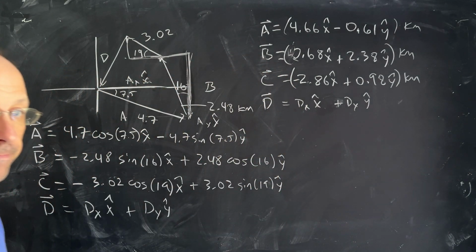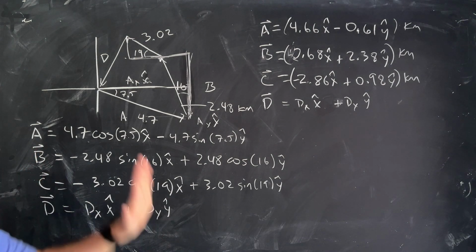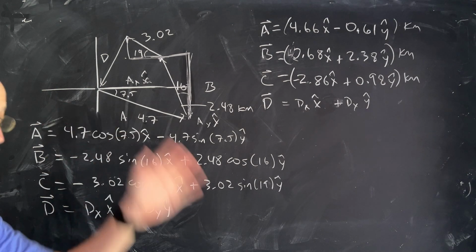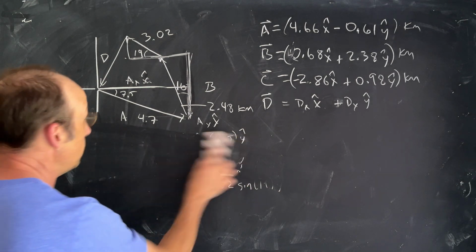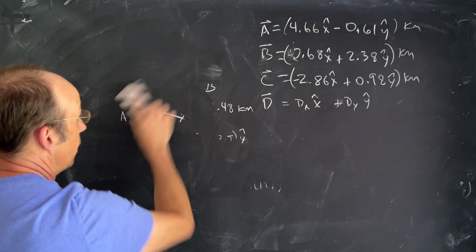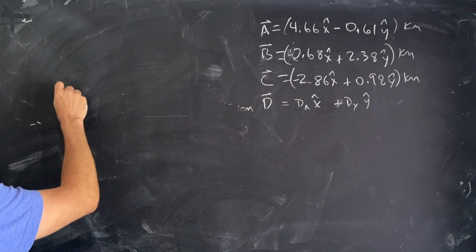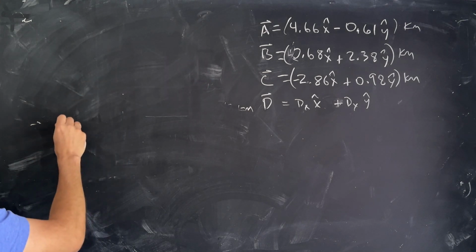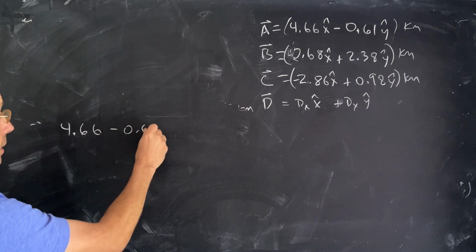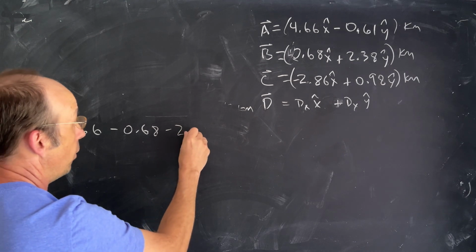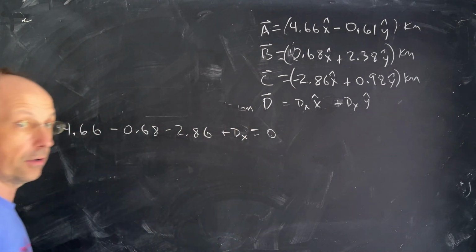Big, huge. Okay, so now let's just add together the x components and set them equal to 0 and solve for dx. So I can erase all this stuff now. Actually, I can erase all that. I don't need any of that. Okay, so let's say I'll write it out as 4.66 minus 0.68 minus 2.86 plus dx equals 0.